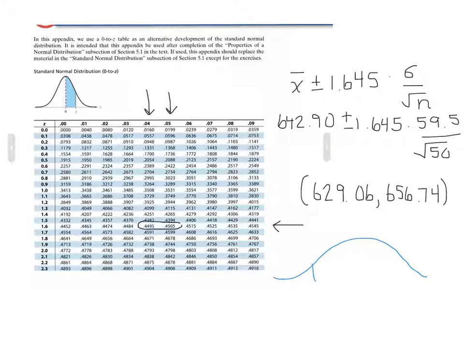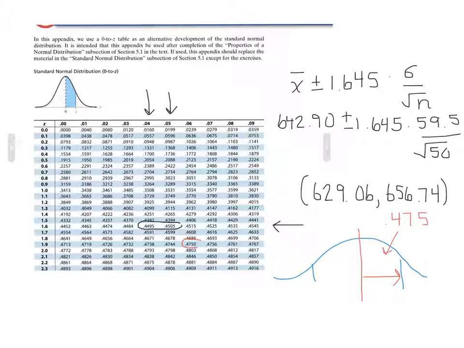Now, if we were doing this with the 95% confidence interval, the only difference would be that now we're capturing the middle 95%. And so on our table, we're going to have to look for half of that 95%, which would be 0.475. And when we do that, we find 0.475 right here.